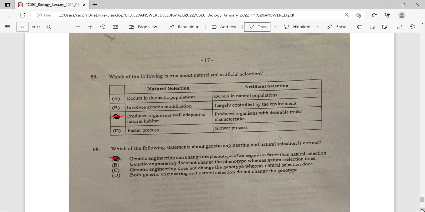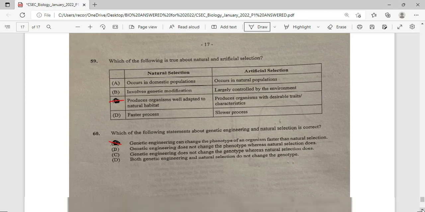The answer there being A, genetic engineering can change the phenotype of the organism faster than natural selection. Remember, it takes a period of time. We could even think about the whole idea of allopatric and sympatric. Think about speciation. We could pretty much think about that.